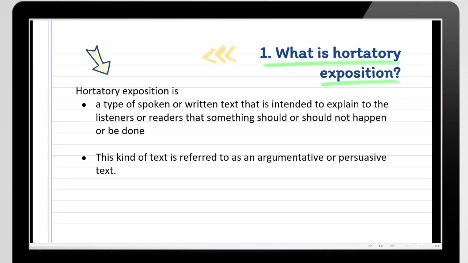This kind of text is referred to as an argumentative or persuasive text because the writer needs arguments to support his or her idea, and the writer also gives recommendation in order to persuade the readers. That's why we call this argumentative or persuasive text. And the writer presents arguments for or against something.